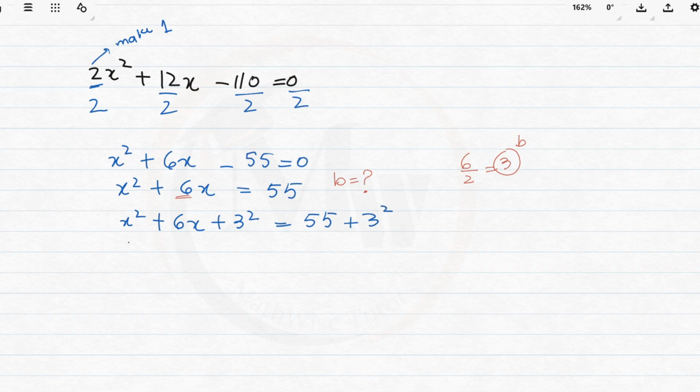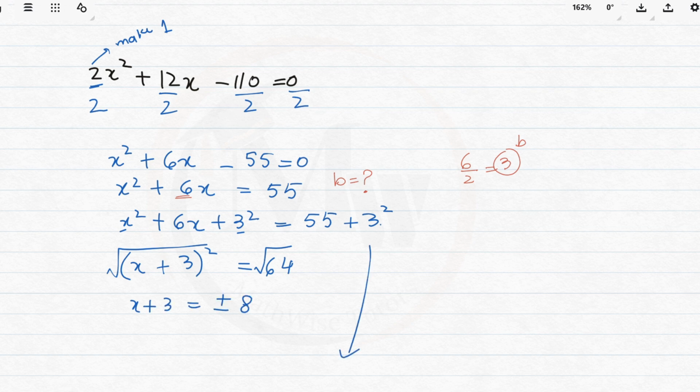After that, we complete the square, (x plus 3) whole square, and on the other side we simplify, which equals 64. Now just take the square root on both sides. It will give you x plus 3 equals plus and minus 8.